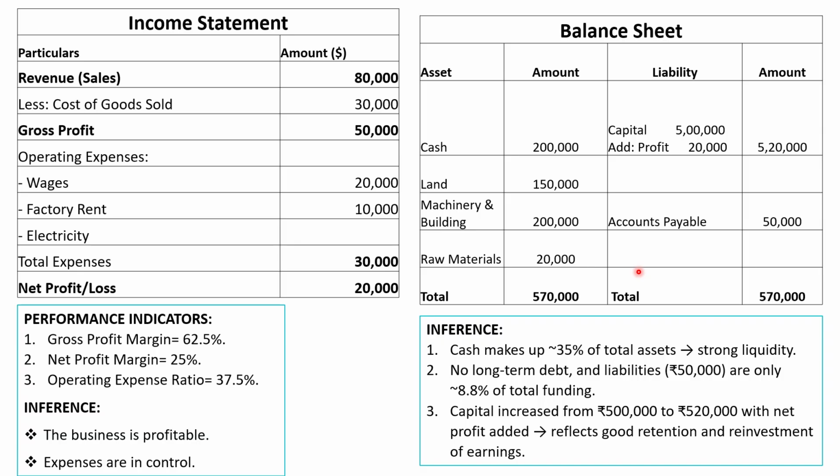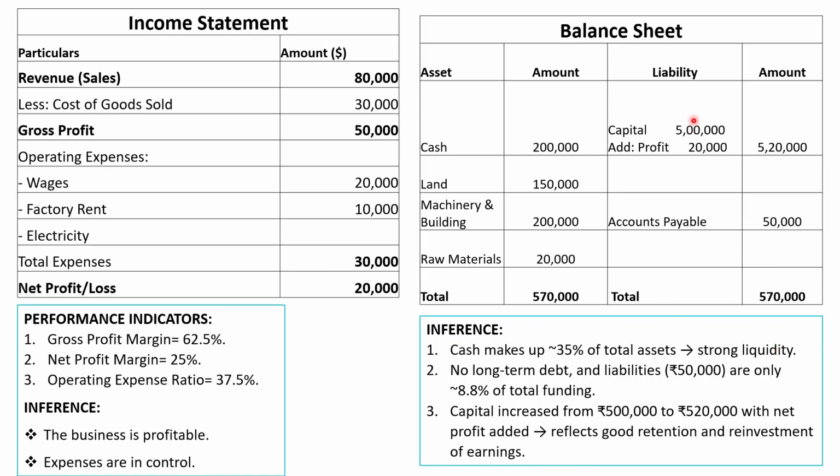Similarly, Clue does not have any long-term liabilities, like loans or any other similar obligations. And also the liability that they currently have of 50,000 is only roughly 8.8% of the total funding of Clue. So this is good.